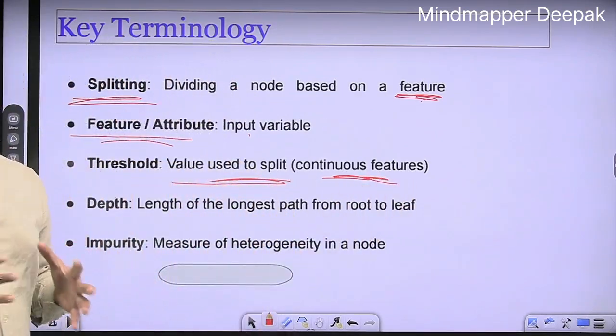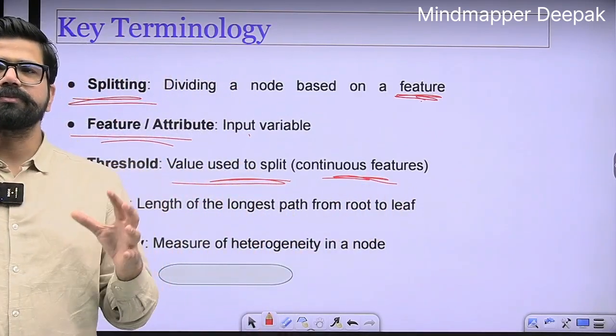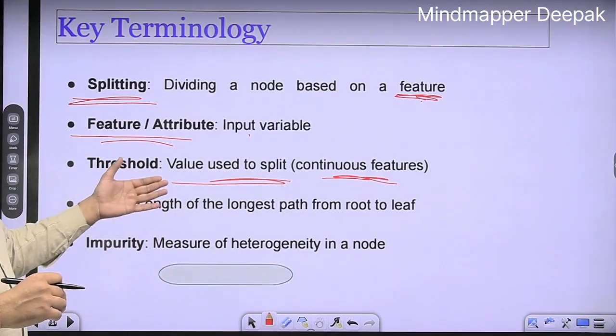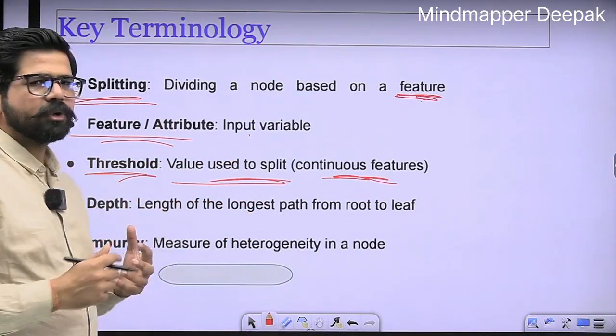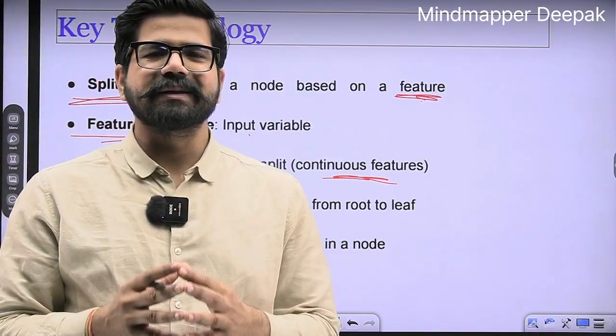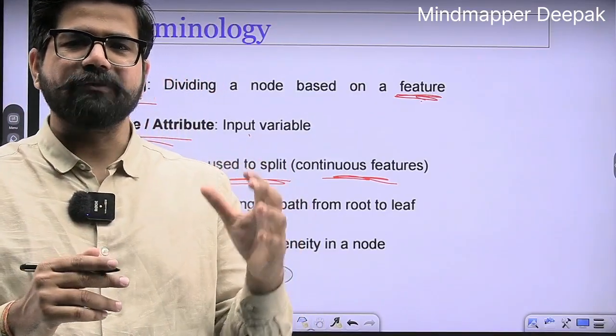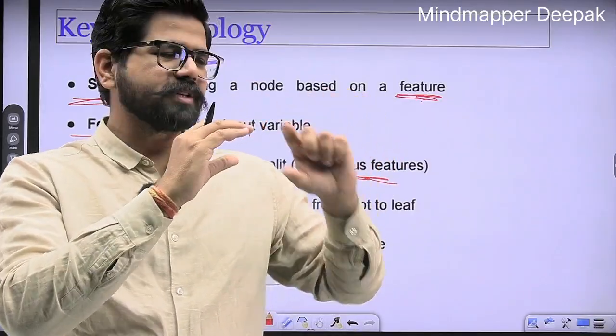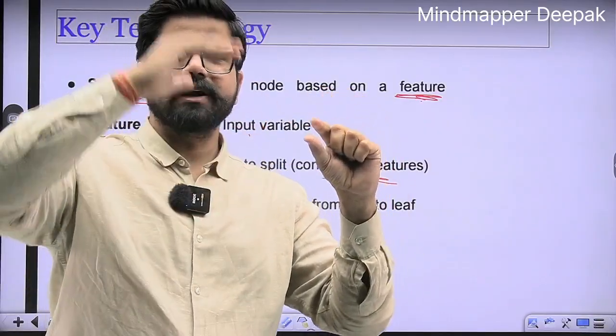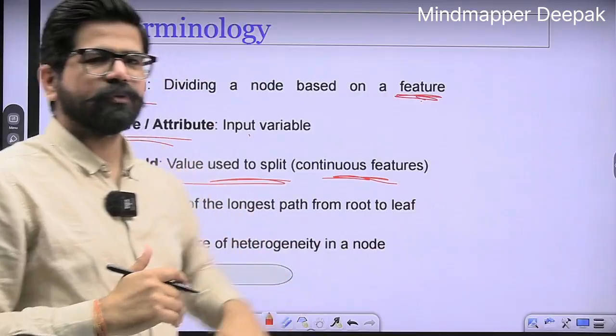Whenever you need to split things, you use the term threshold. For example, I set a threshold of 50. Less than 50 comes in this class, more than 50 comes into this class. This is a type of threshold.